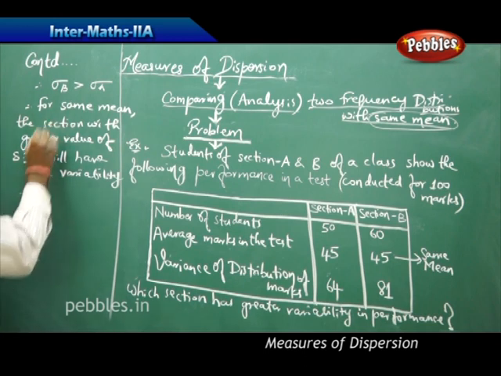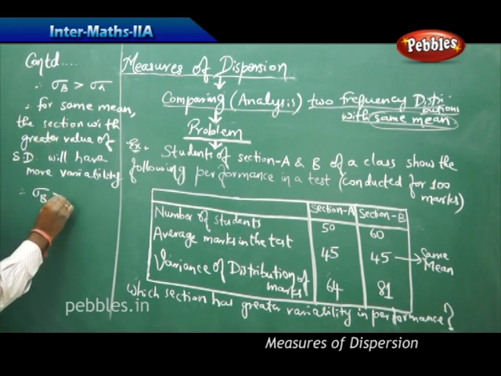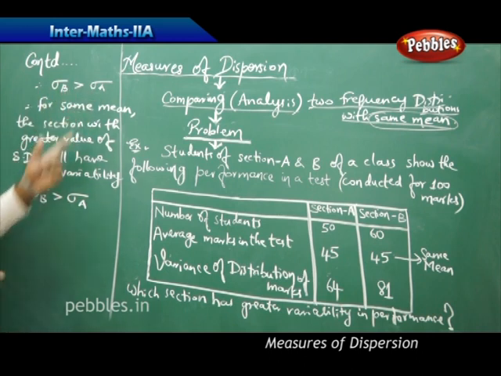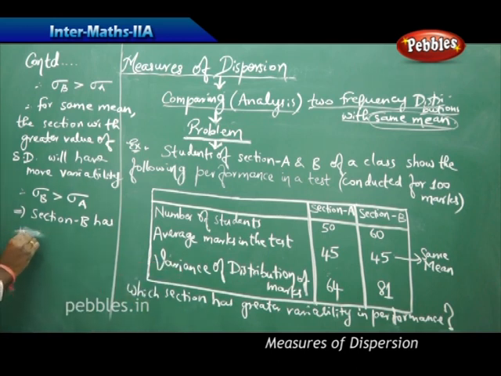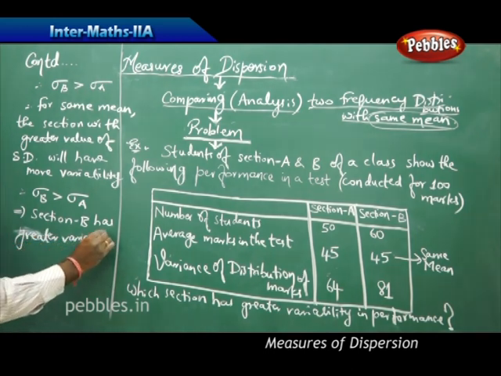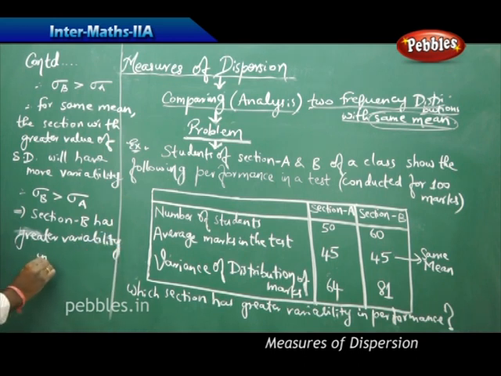Therefore, sigma B greater than sigma A, as we have seen, implies section B has greater variability in performance.